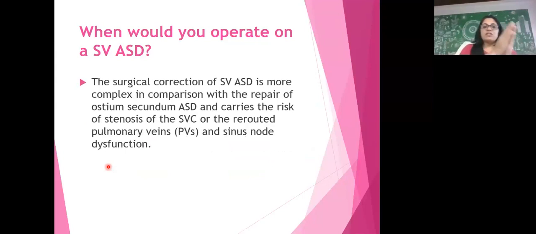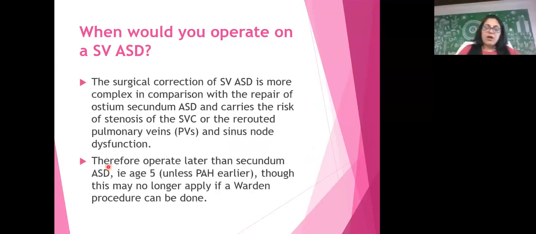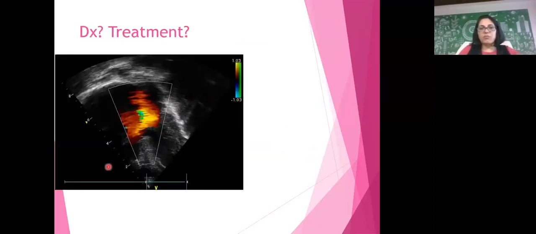As long as lung pressure is normal, we try to postpone intervention. Now, nowadays, with this Warden procedure, we are getting by with doing even 2- and 3-year-olds. So if a 2-year-old has high lung pressure, we can still operate. But if lung pressure is normal, no symptoms, we try to postpone. Unlike in secundum ASD, where the risks of operation are much lower.